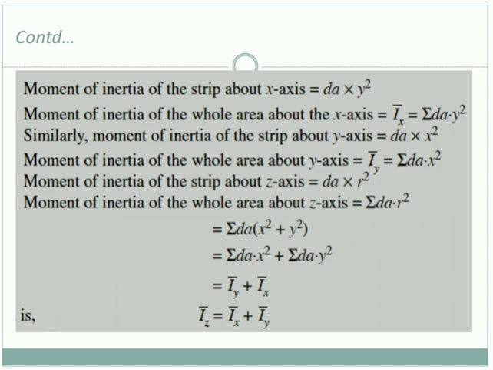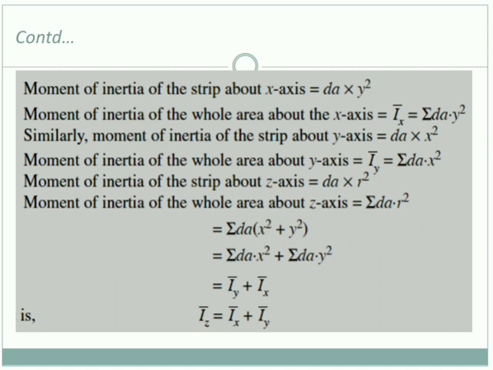Take the elemental area or a small strip area dA. The moment of inertia about the x-axis is summation dA into y square, about the y-axis is summation dA into x square, and about the z-axis is summation dA into r square. In the previous view with the figure we found r square is nothing but x square plus y square.